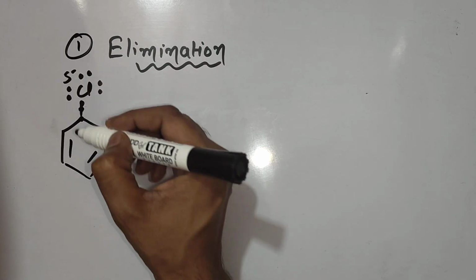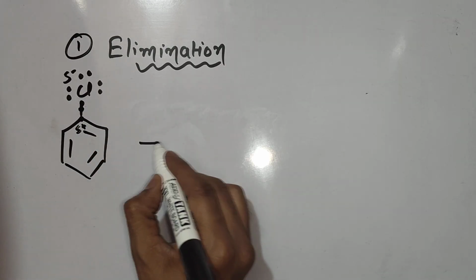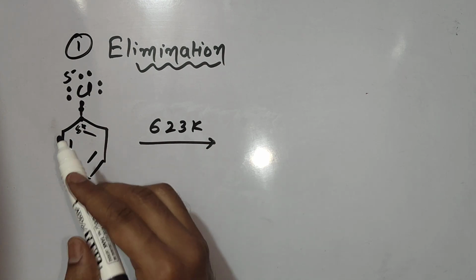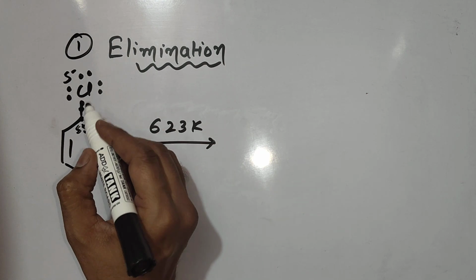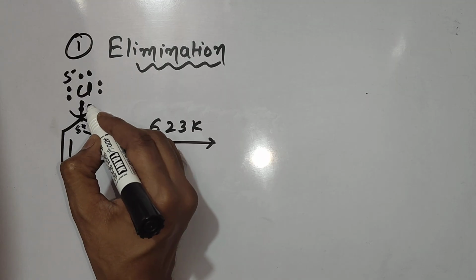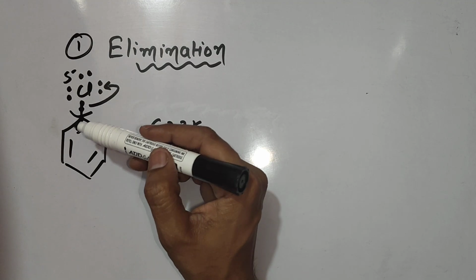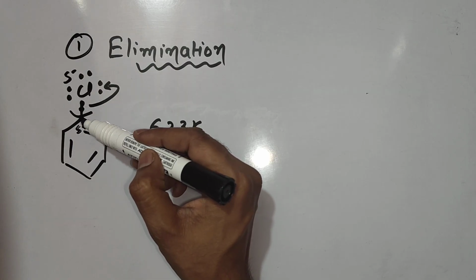That's why chlorine gets partial negative and this carbon gets partial positive. When we apply a very high temperature, this bond will break, and electrons will completely transfer toward chlorine. As this bond breaks, there is generation of a carbocation, a positively charged carbon.